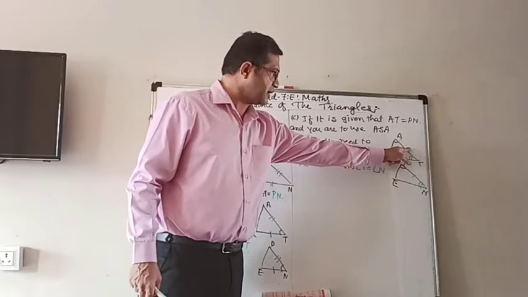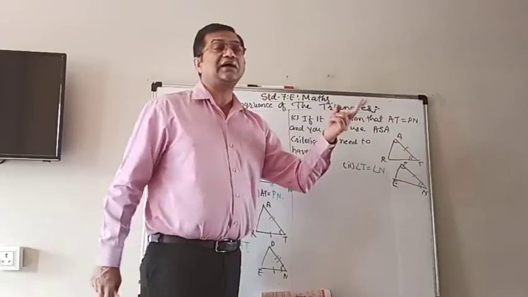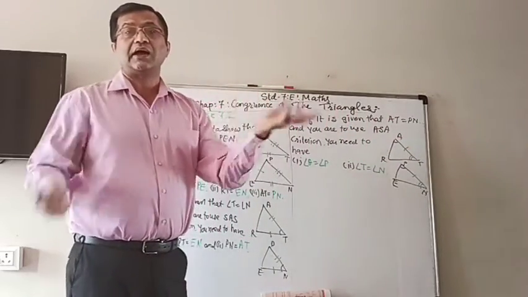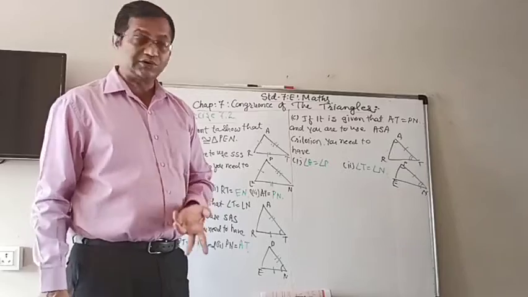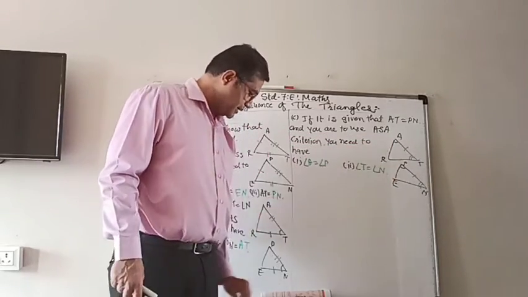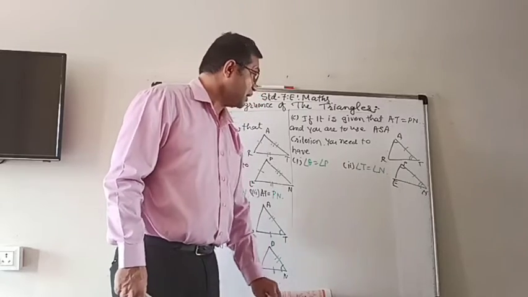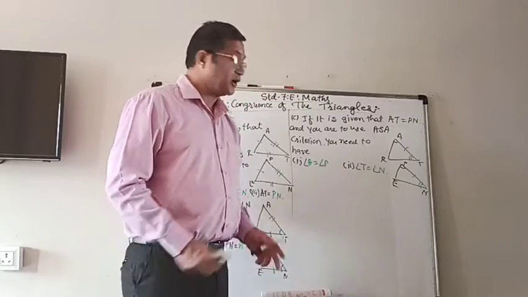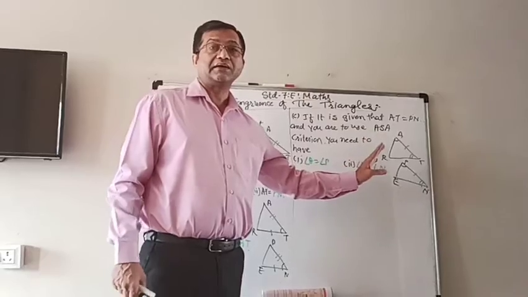So here the side is there, so the two angles at either side we have to take. So angle A must be equal to P and angle T must be equal to angle N.